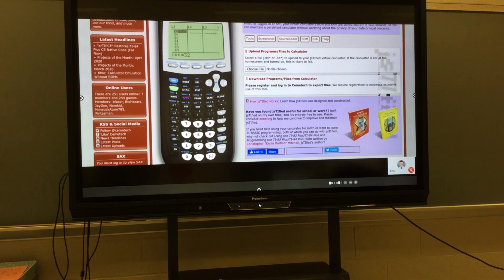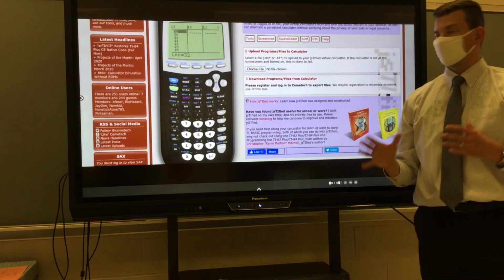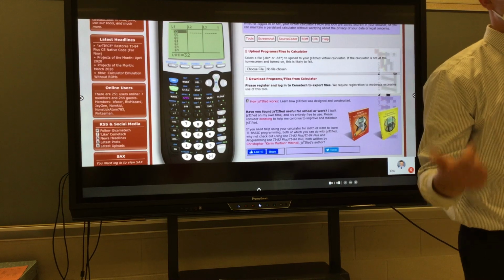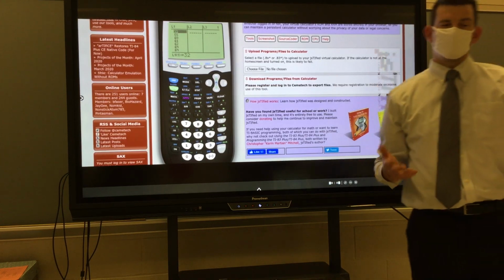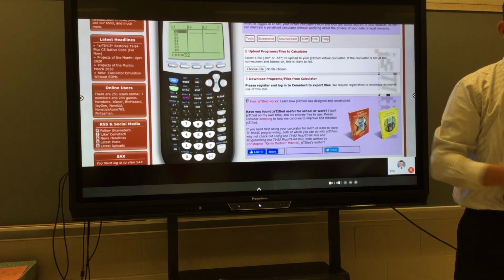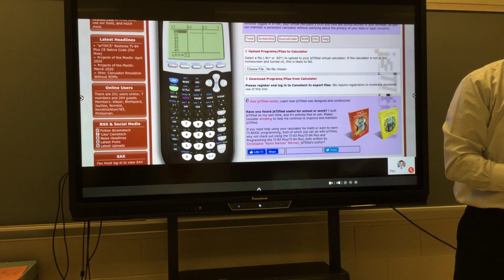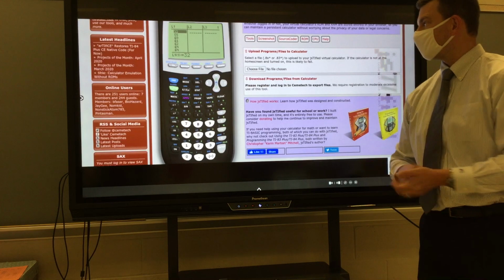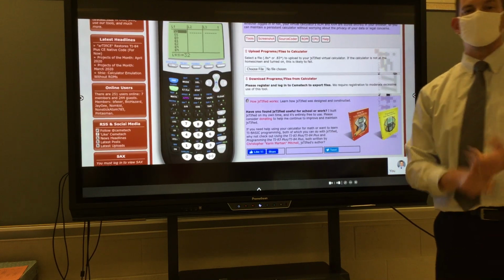Most of the mistakes that are made with calculations like this are because of data entry, which is the biggest drawback of this graphing calculator. This calculator is a 35-year-old piece of technology. It's older than all of you. What is very cumbersome about this is that it's not easy to enter data.